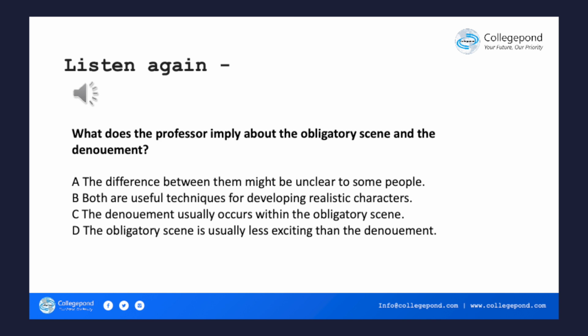the obligatory scene. And that's followed by the final dramatic element, the denouement, or the resolution, when all the loose ends have to be tied up in a logical way. Remember, the obligatory scene gives the audience emotional pleasure, but the denouement offers the audience a logical conclusion.